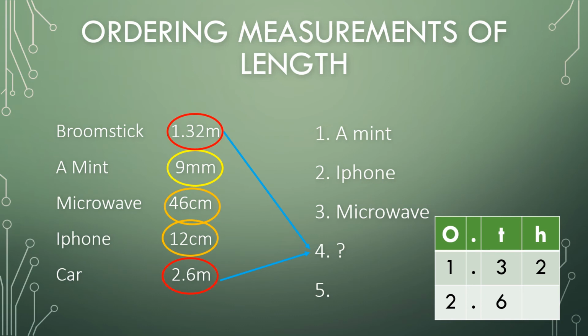So just like we did just before, we're going to move to the leftmost column, which is our ones column. Now we are looking for the smallest number still because we are going in ascending order. So let's have a look. We have a 1 or a 2 in the ones column. Our 1 is our smaller number, so we know that 1.32 is our smaller number, which means that 2.6 is our longest measurement there. So the car at 2.6 meters is our longest item.